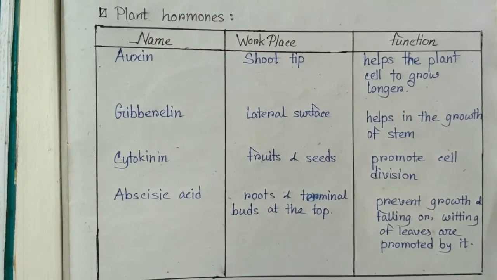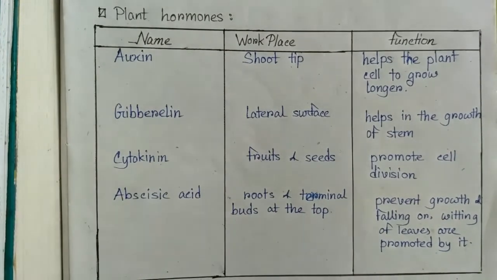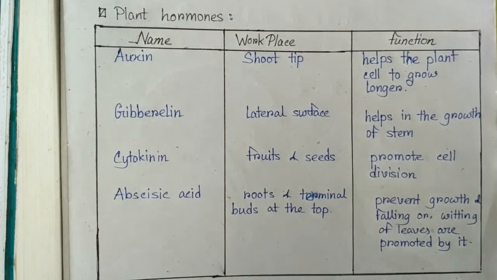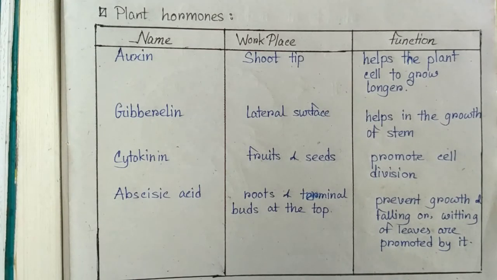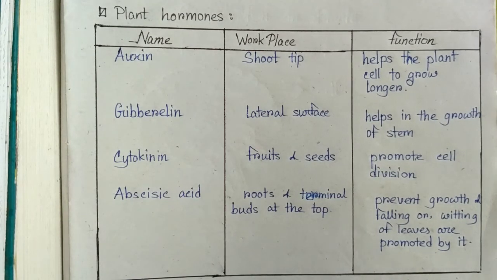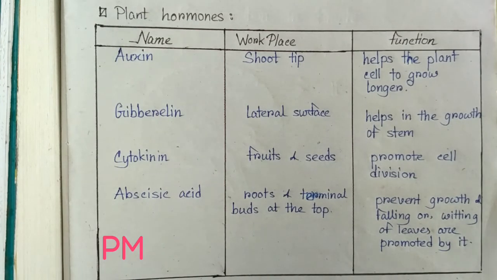Next one is gibberellin. Gibberellin works at the lateral surface of the plant or the shoot tip of the plant. The workplace of gibberellin is much the same as auxin, and it helps in the growth of the stem. Next one is cytokinin.